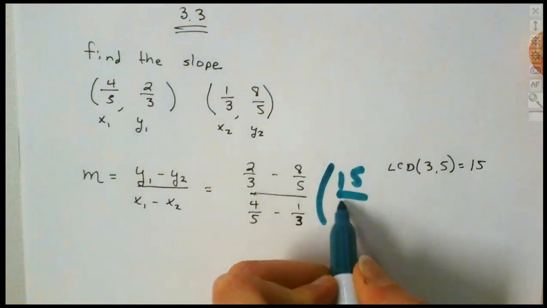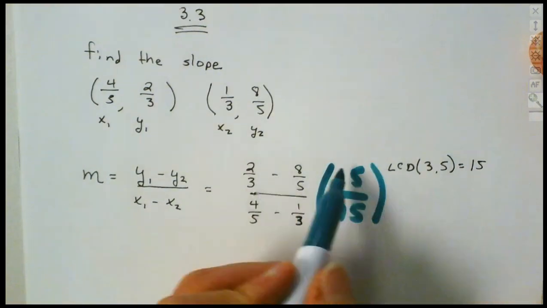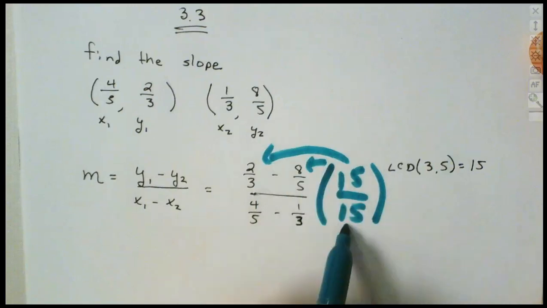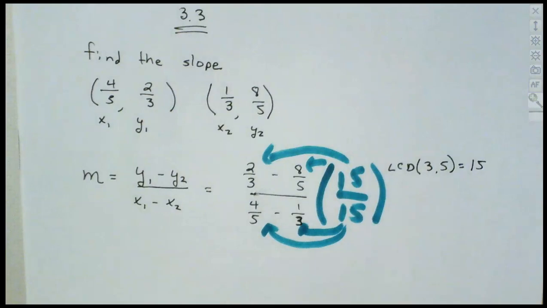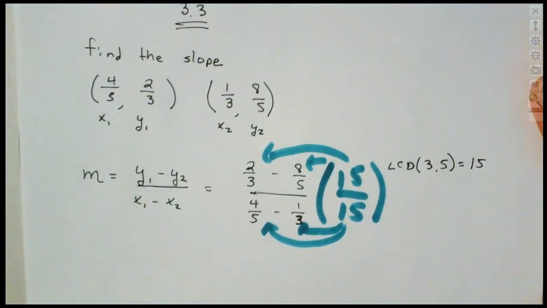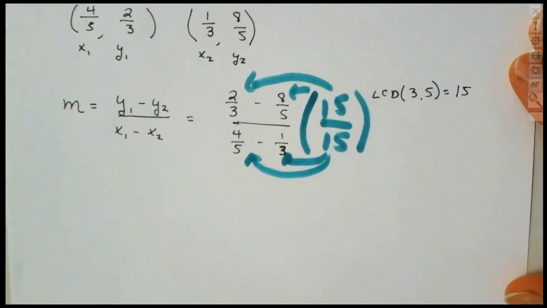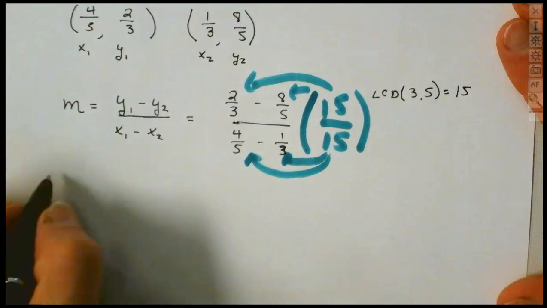So 15 over 15. We're going to have to distribute it through to each and every part. And if we need to, we can just do them down below and put them all back together. So if we struggle with fractions, we'll just work them out down here.